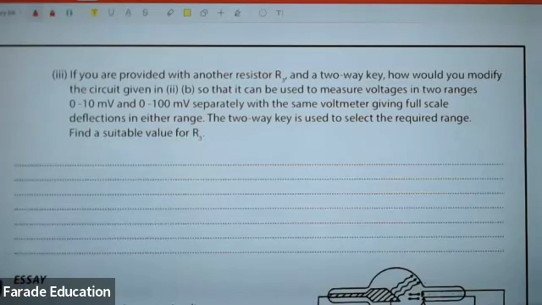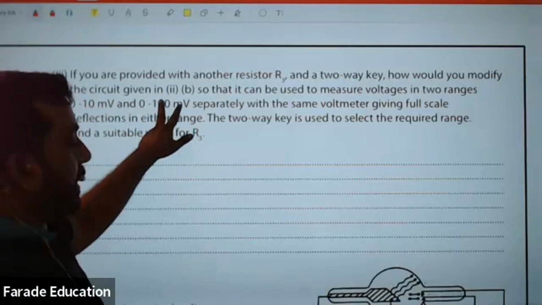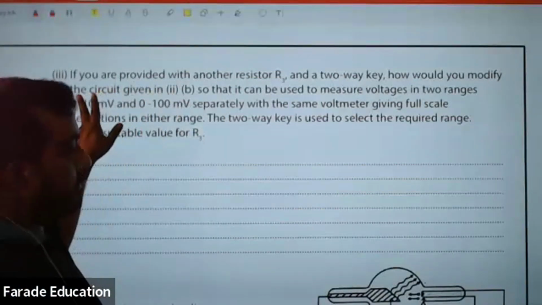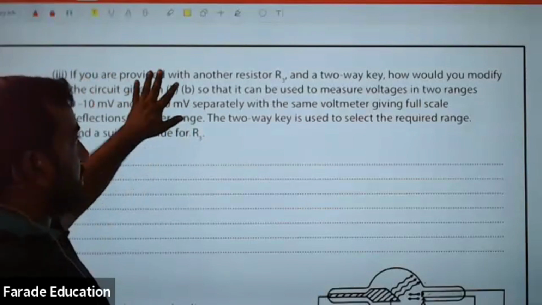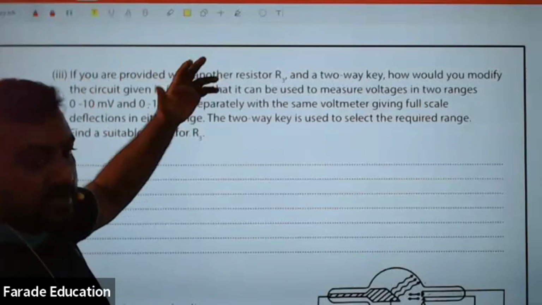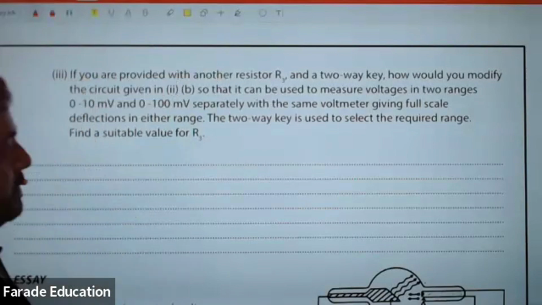Look at the board carefully. Now what is changing? Your input range is changing. V plus is changing. When V plus changes, your V minus will also change.